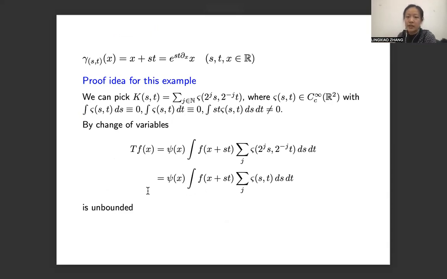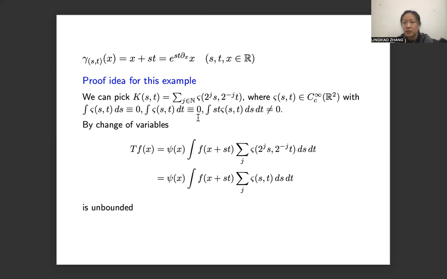So the key is to find such a kernel. So let kernel K be the summation over j of the smooth bump functions sigma dilated by 2 to j and 2 to negative j. And we suppose this smooth bump function satisfies the cancellation conditions that when integrating along s it is the zero function, and when integrating along t it is also the zero function.